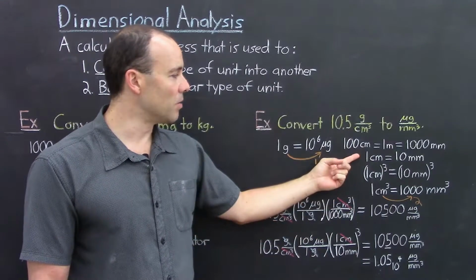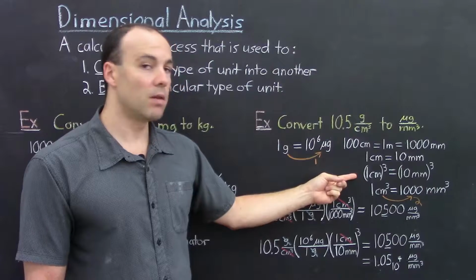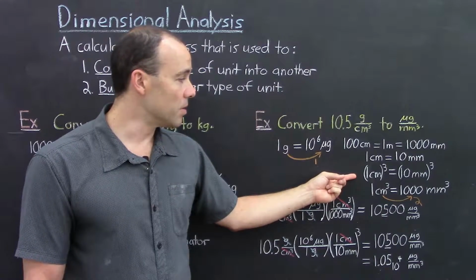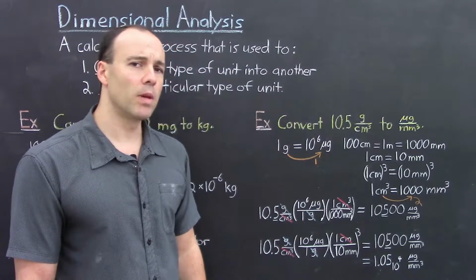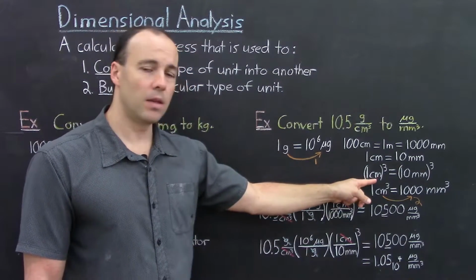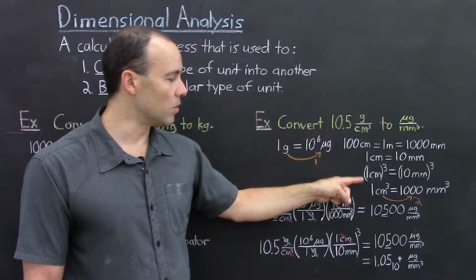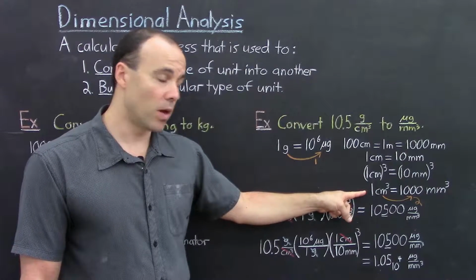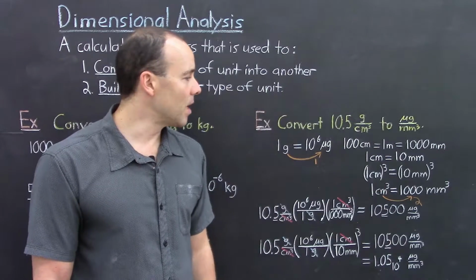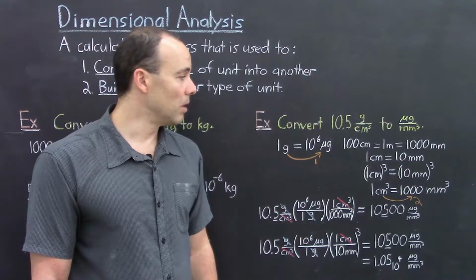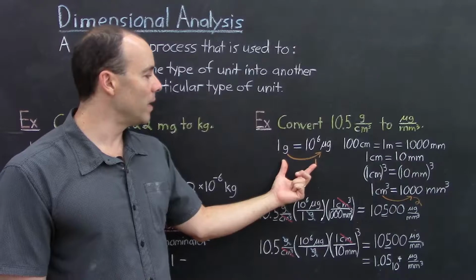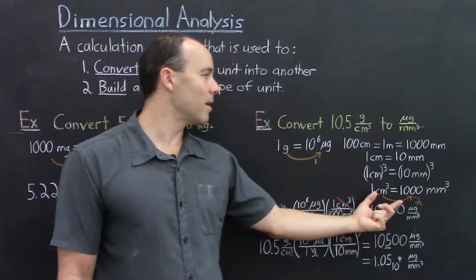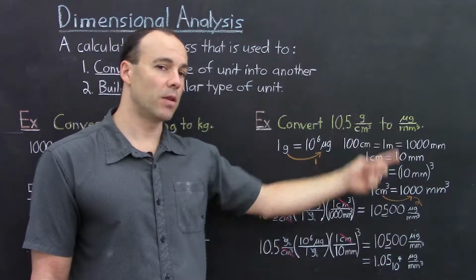If 1 centimeter equals 10 millimeters, then 1 centimeter cubed equals 10 millimeters cubed. When you cube a measurement, you need to cube both the number and the unit. So 1 centimeter cubed equals 1 cubed, which is 1 centimeters cubed. And 10 millimeters cubed equals 10 cubed millimeters cubed, which is 1,000 millimeters cubed. So you have here your two relations that connect the starting unit to the ending unit.